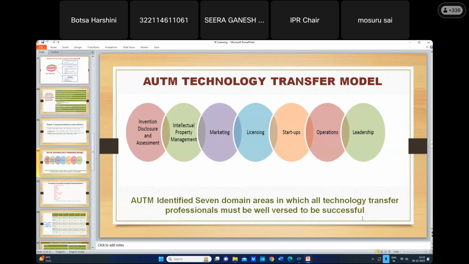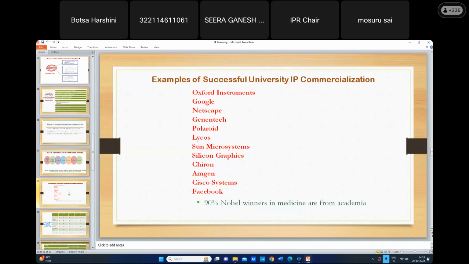So this is a typical model followed by most universities and research laboratories when they want to take an idea to market. This is an example of successful university IP commercialization. For example, companies like Oxford Instruments, Google, Netscape, Genentech, Polaroid, Lycos, Sun Microsystems, Silicon Graphics, Chiron, Amazon, Cisco Systems, Facebook, all these startup companies took birth in the academic environment.